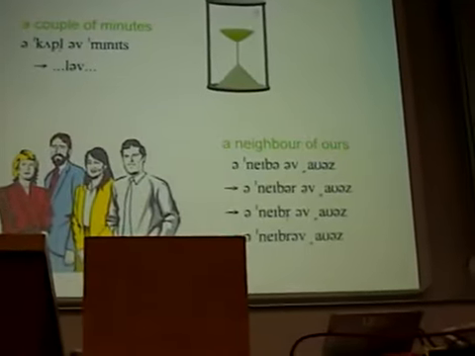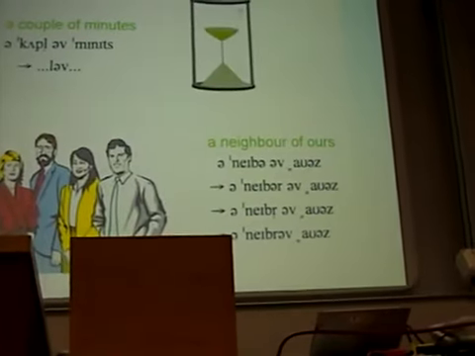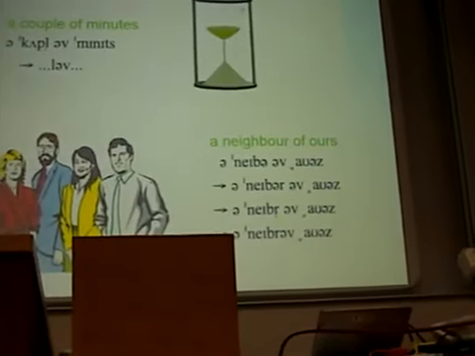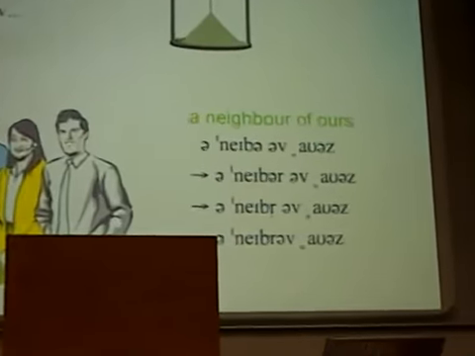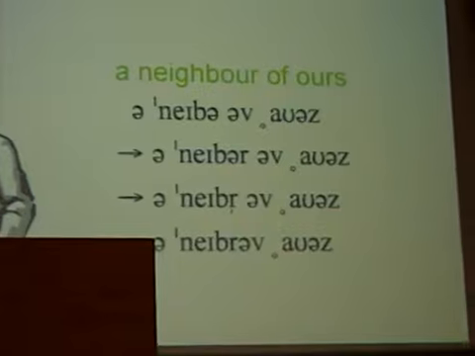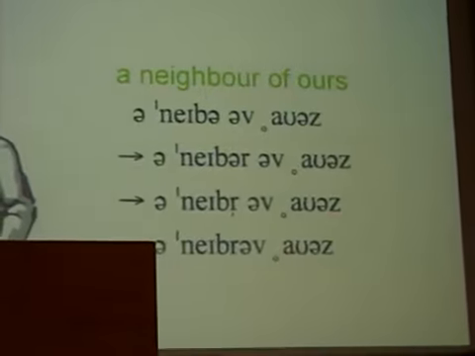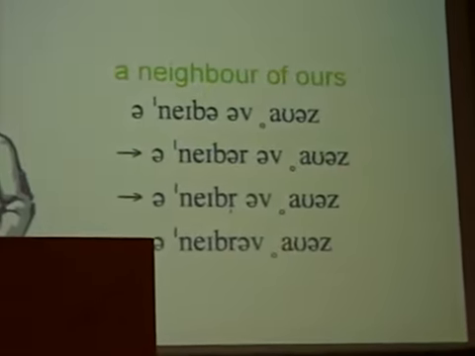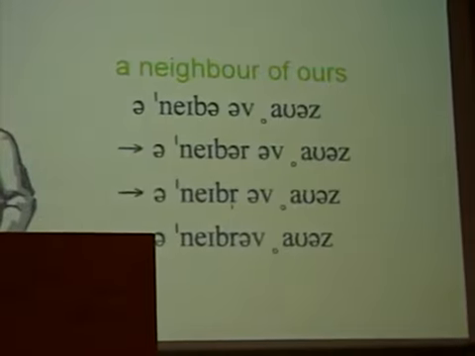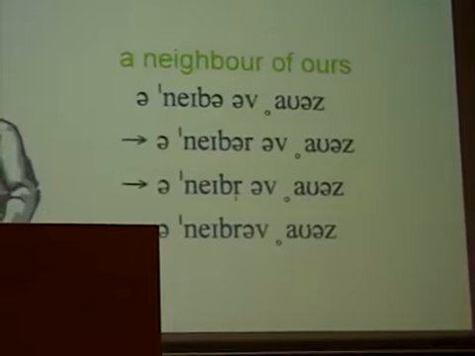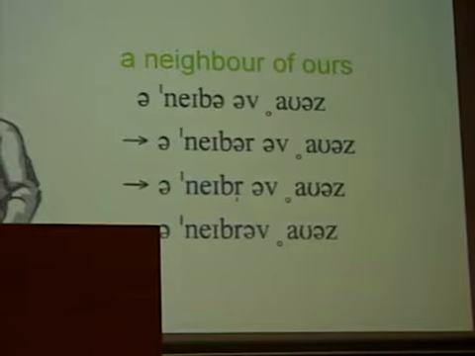We can get whole chains of derivation like this if you've got "a neighbour of ours". "Neighbour", you can get a linking R there before the following schwa. "Neighbour of ours". Schwa plus R in "neighbour" can give you a syllabic R by syllabic consonant formation.